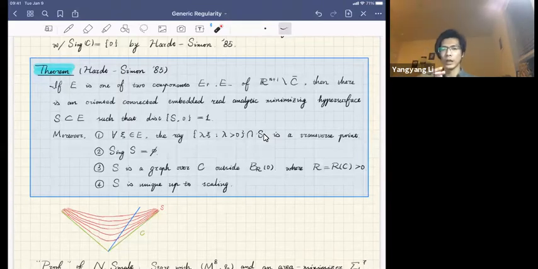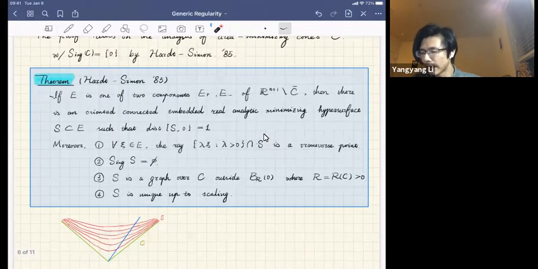So we can have a foliation of E by S and its dilations. And the fourth property says that S is unique up to scaling, up to dilation. In other words, if we can find another minimal hypersurface inside E, then it should be either S or some scaling of S.